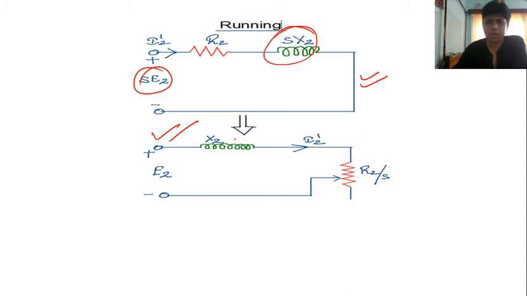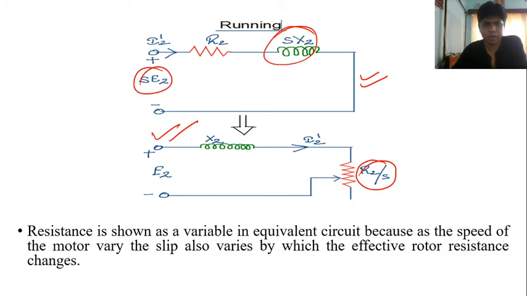Okay. So in this case, the rotor resistance becomes a function of slip S. Now resistance is shown as a variable in the equivalent circuit because as the speed of the motor varies, the slip also varies, by which the effective rotor resistance changes.